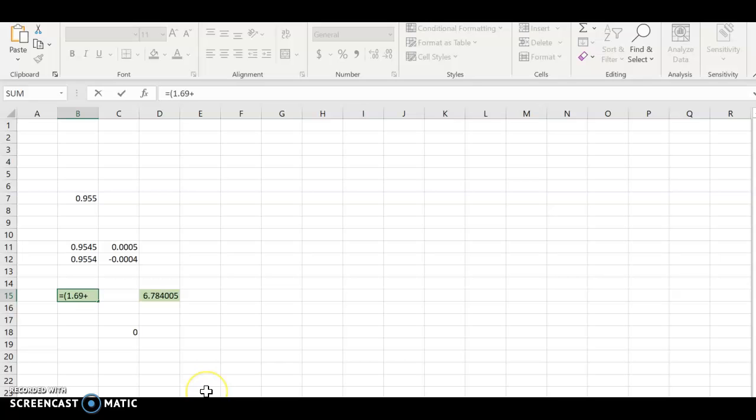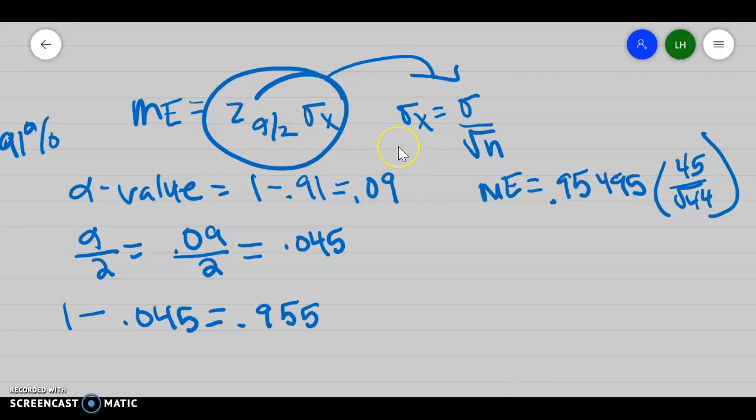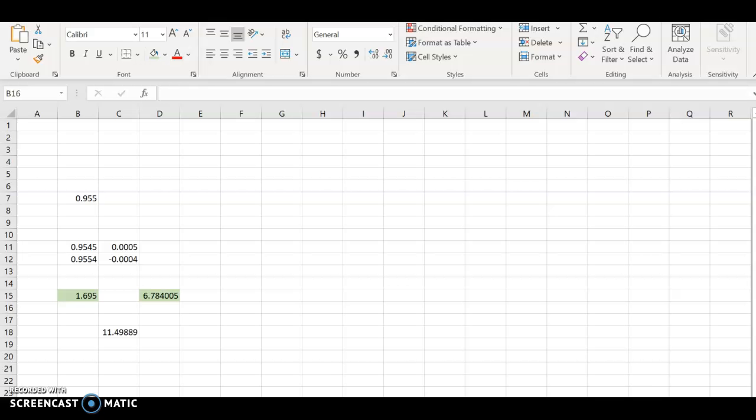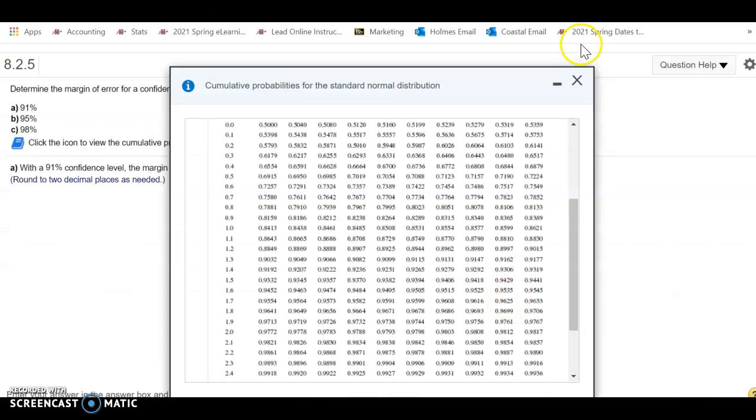So 1.69 plus 1.70 divided by 2 would be 1.695 for my Z value. So this is what this should be. And then when you do that, you end up with 11.498. So that's going to round up to 11.50. Let's look at that.